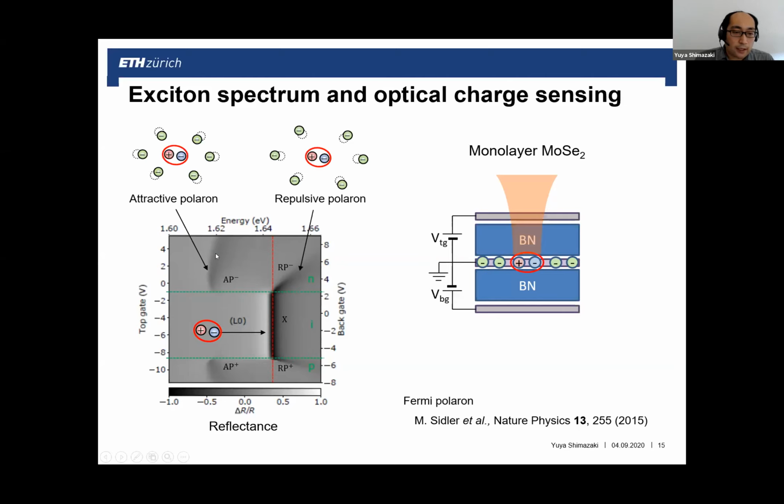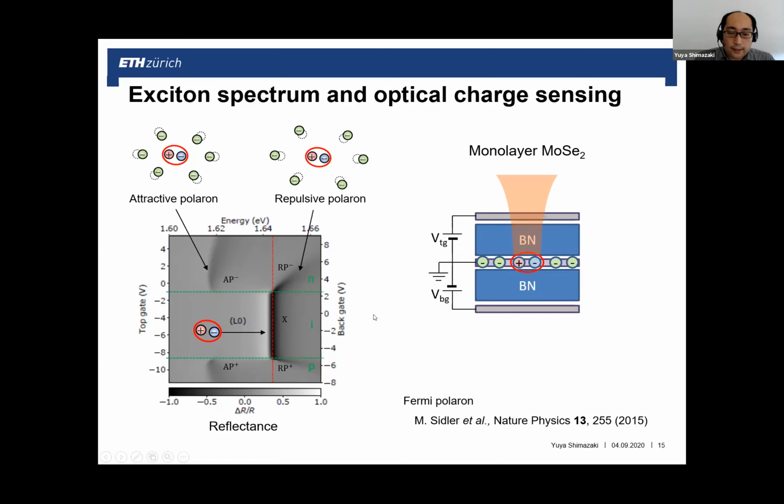And this one we interpret as the exciton attractively interacting with the Fermi sea. For example, the energy splitting from here to here is about 25 millielectron volts, which is the trion binding energy. For this polaron picture, please refer to this paper.